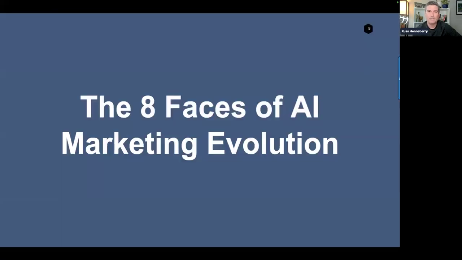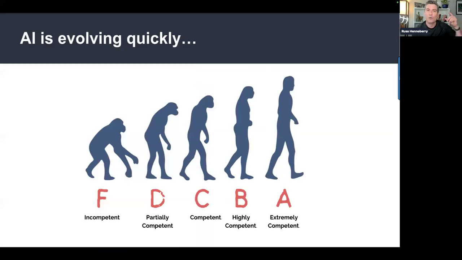But let's talk quickly about the different ways that AI is evolving and that will continue into 2025. We will continue to see evolution of AI in these 8 areas. Right now, AI is everywhere from incompetent at certain things to incredibly efficient and competent, able to do it better than a Nobel Prize winner in that particular cognitive activity.